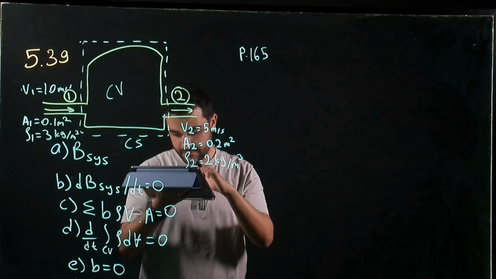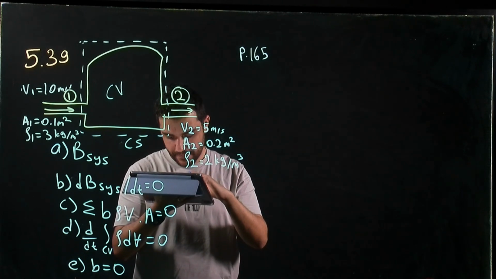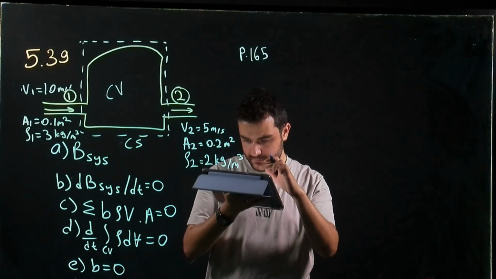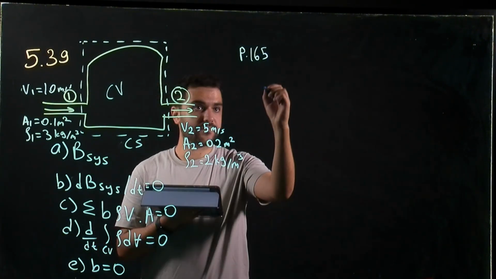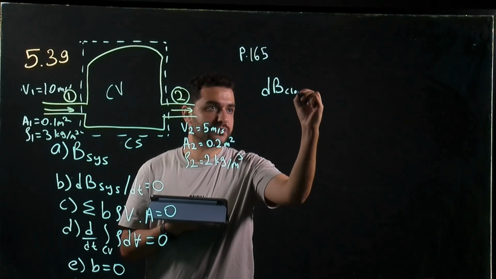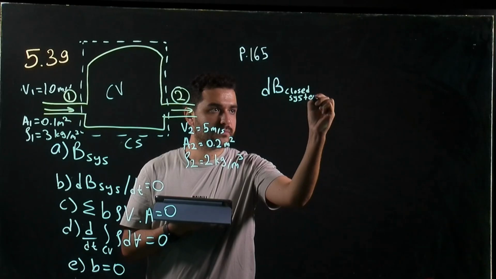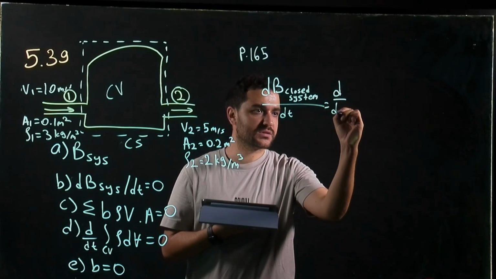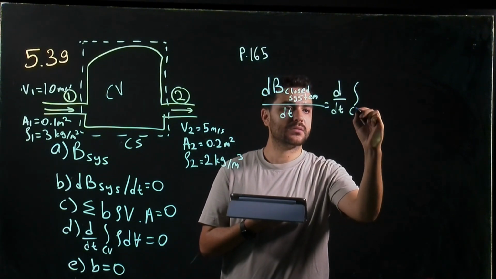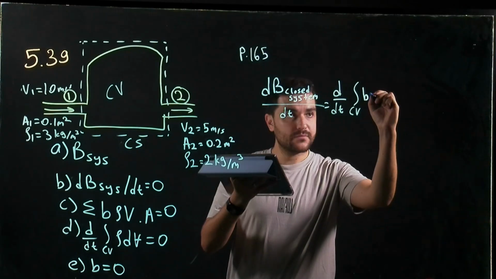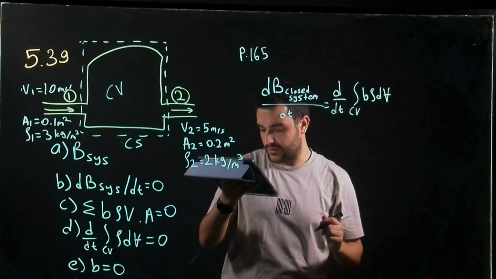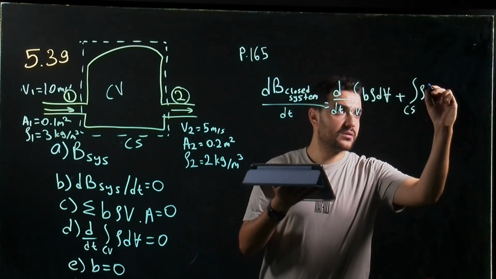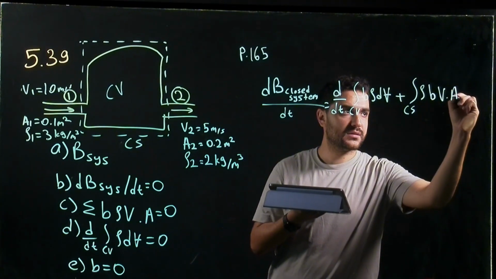So we will have this equation: dB of the closed system over dt is equal to d over dt of the integral over the control volume of rho B dV, plus the integral over the control surface of rho B, velocity times area.